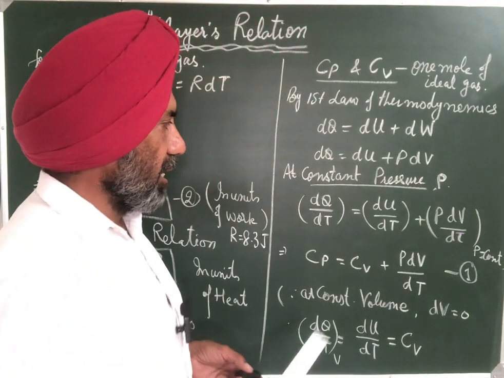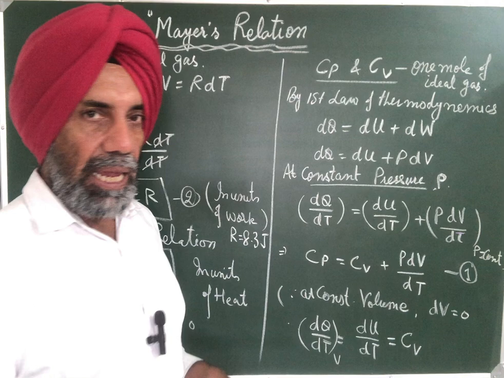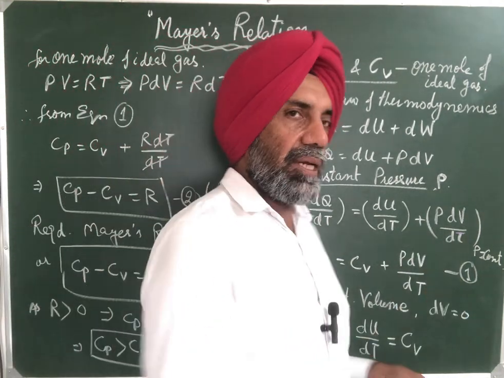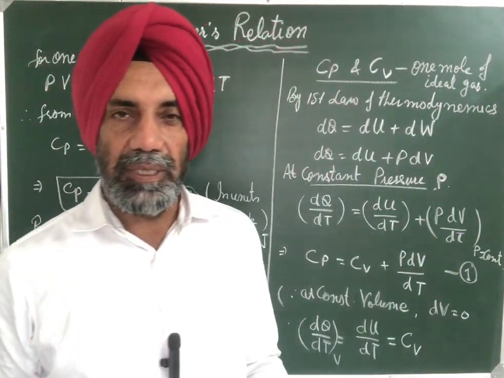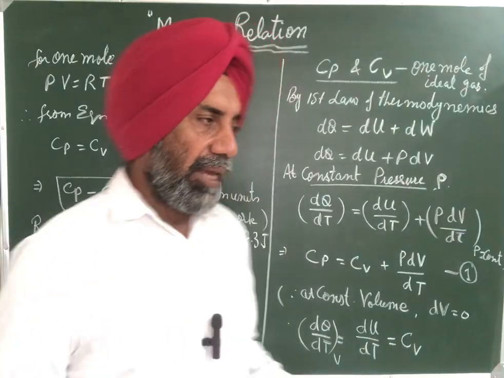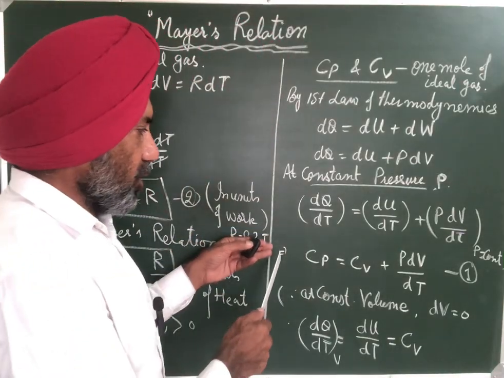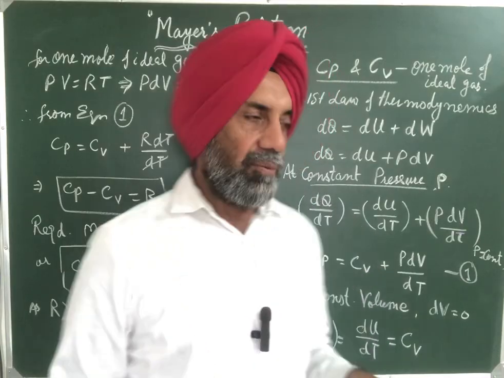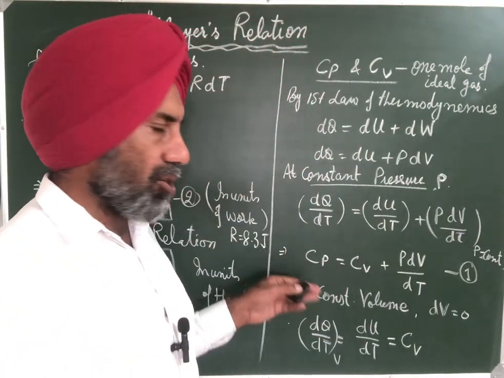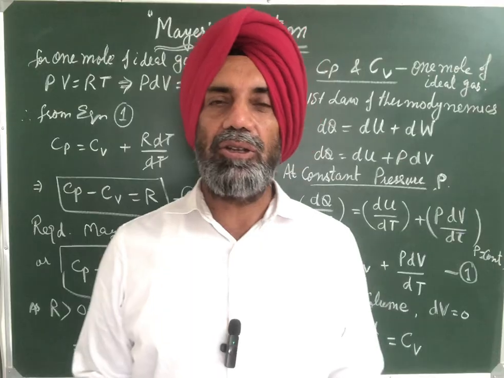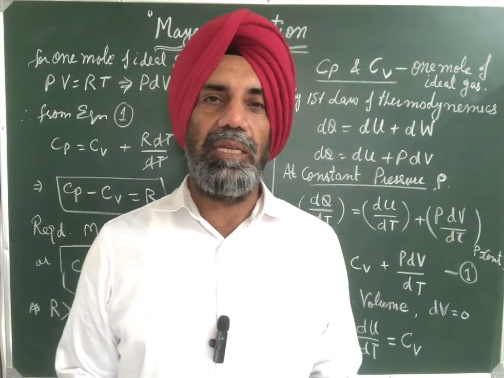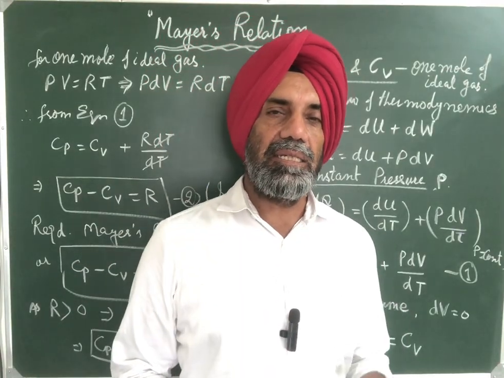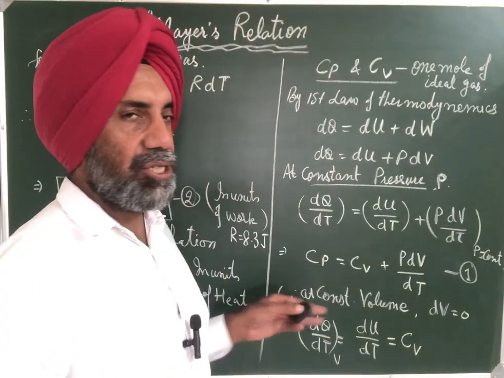One is to increase the internal energy of the system, and two, to do work against external pressure. So that's why more heat is supplied when gas is heated at constant pressure than at constant volume. That's why Cp is always greater than Cv for the same change.